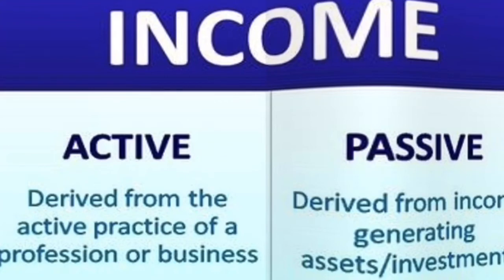Maybe you get dividends, or you save your money in the bank in a fixed deposit and earn the interest. That will be your passive income. Normally passive income is a small amount, but it can actually generate more income for you.